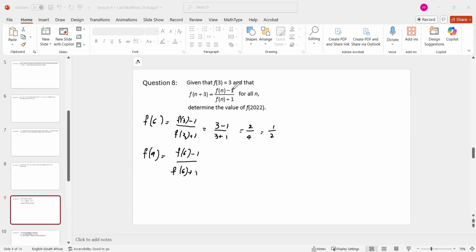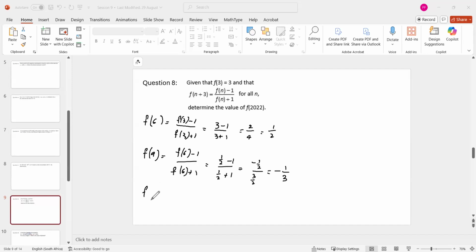It's f of 6 minus 1 over f of 6 plus 1, and we already calculated this to be half. So it's half minus 1 over half plus 1. And then this is minus half over 3 over 2, 1 plus half. And that gives you minus 1/3. Okay, so you can calculate f of 9.